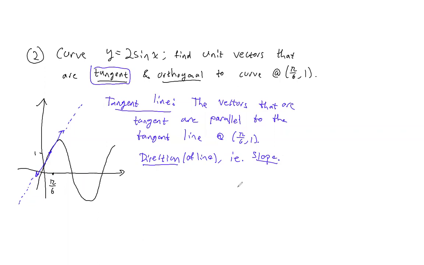And how do you find the slope of that line? Maybe someone who's tuned in can type it in the chat box. Maybe think about what it's going to take to find the slope of that line. Anyone figure out what we need to do?